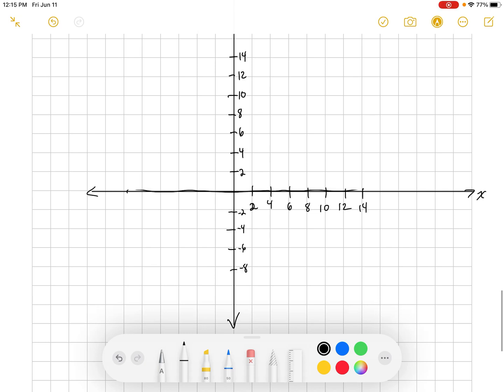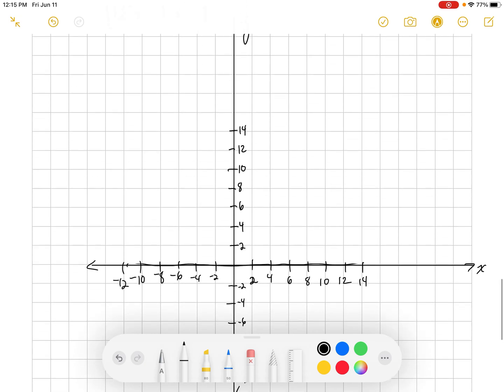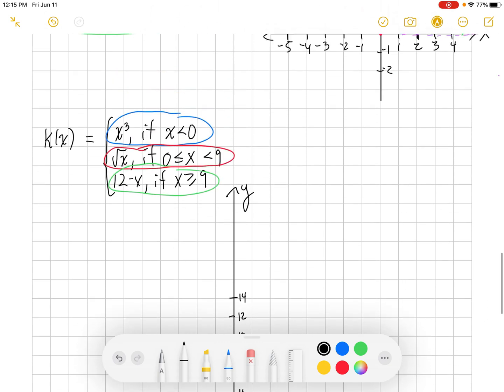This would be -2, -4, -6, -8, -10, -12. And then on the other side, I'll have -2, -4, -6, -8, -10, -12.